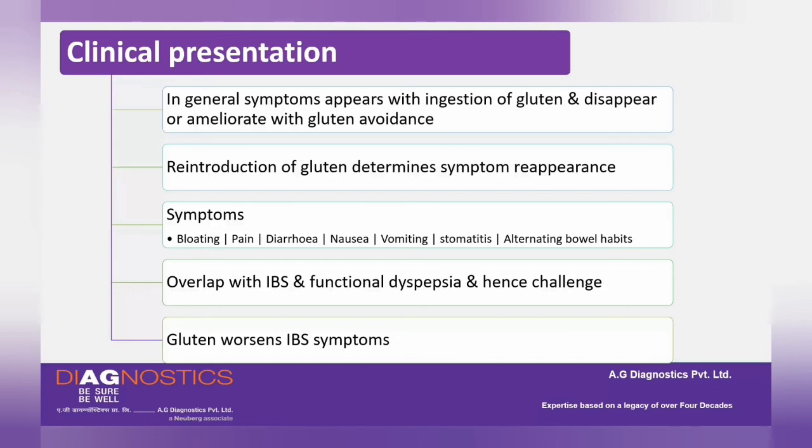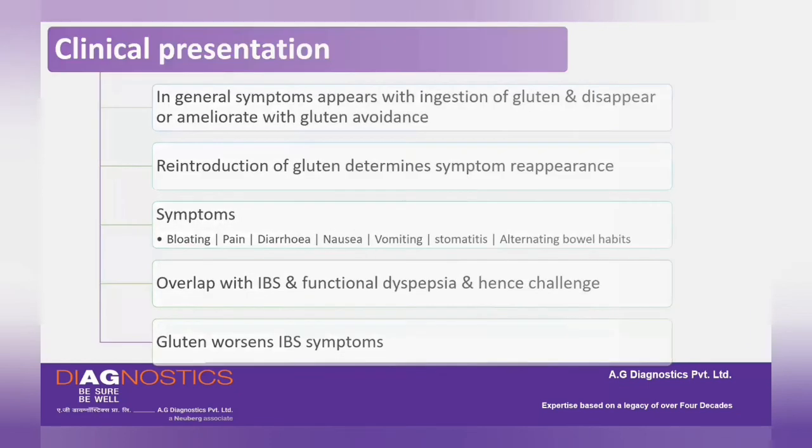We will talk about it more later. However, patients definitely say that in irritable bowel syndrome also, gluten worsens their symptoms. So there's definitely an overlap between NCGS and IBS.